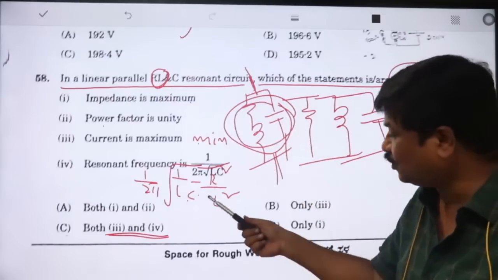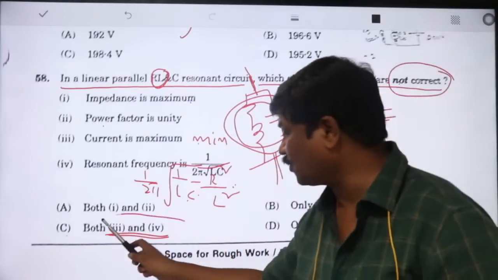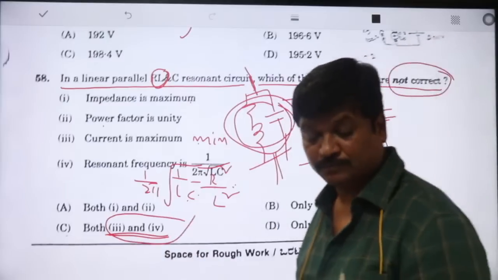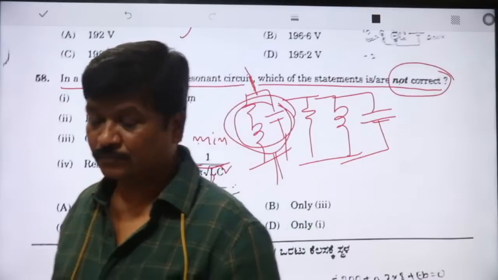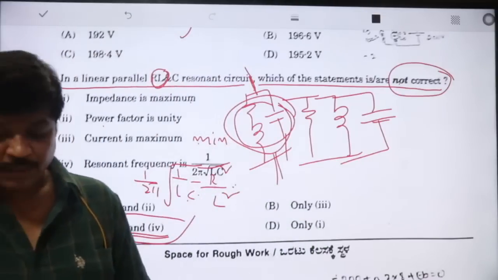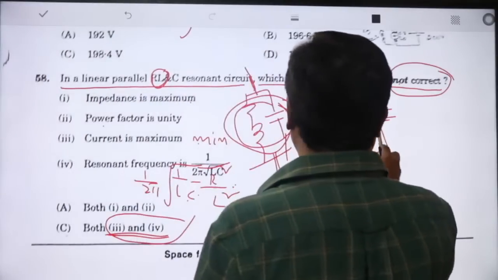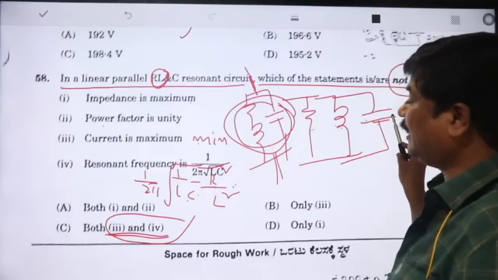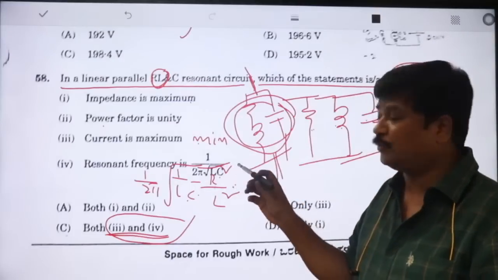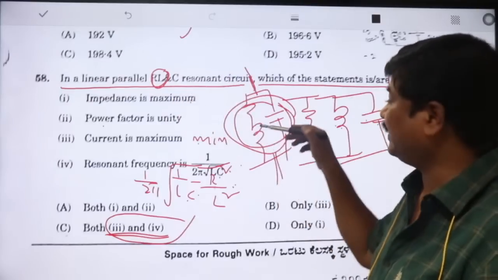For a tank circuit, the resonance frequency formula is this one. That's why 3 and 4. If RL and C were connected in parallel, this answer would also be a correct option, but the question gives RL and C, that's why we are choosing this.